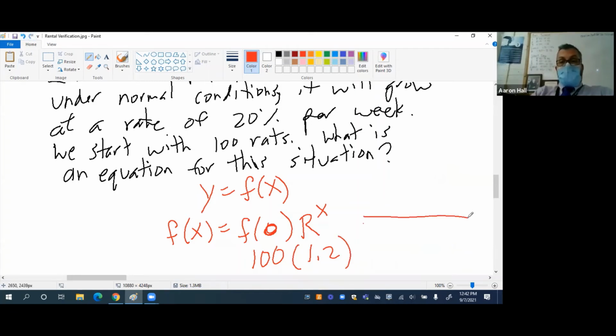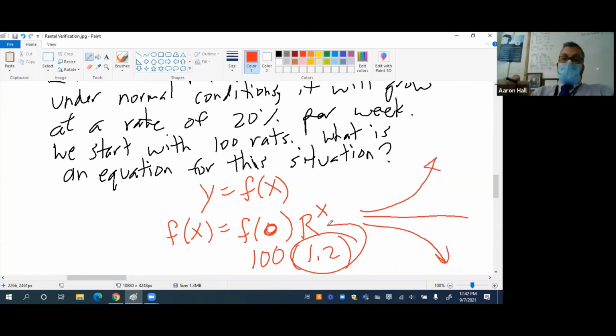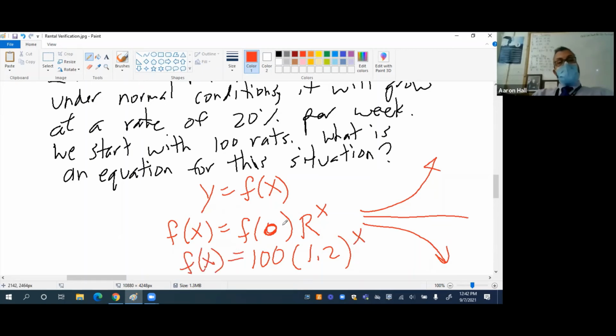If you multiply by less than 1, it goes down. If you multiply by something greater than 1, it goes up. So this has to be more than 100%. We're taking 100%, which is our baseline, and growing by 20% more, so it has to be the 100% plus the 20%, which gives us 120% or 1.2, to the power of x or t or whatever else you want as your variable. So there is our equation.